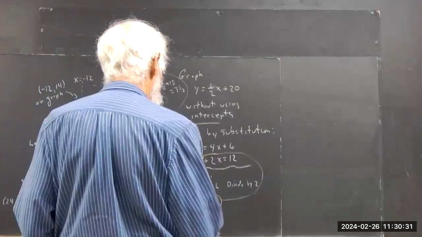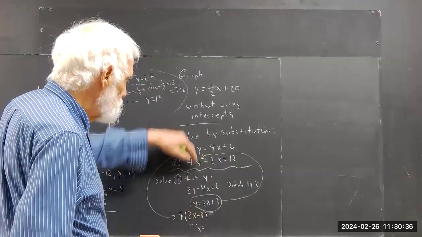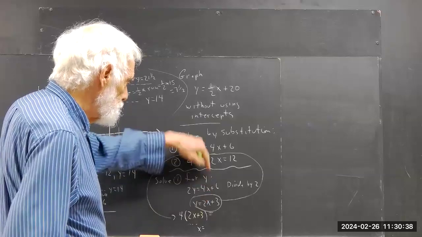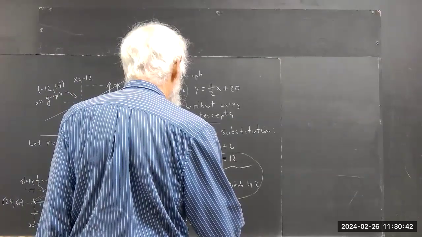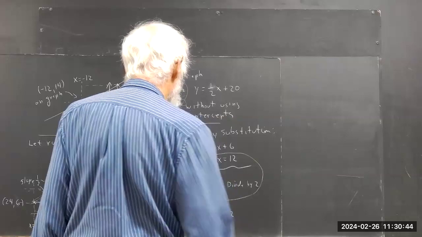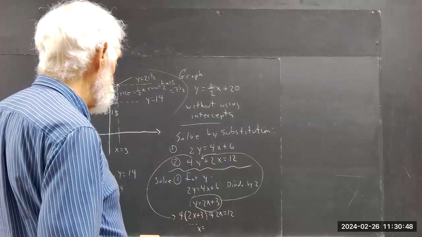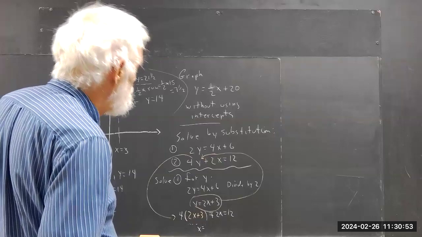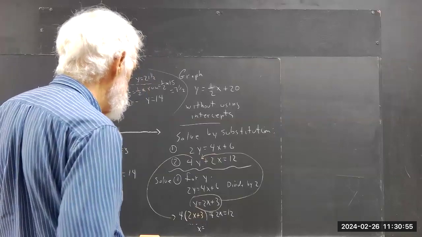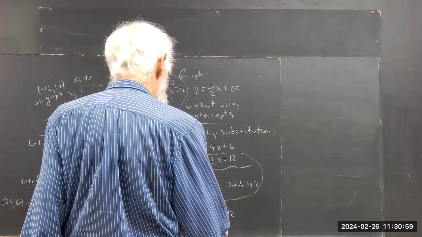We should get 4x, so 4 times y, which is 4 times this expression, and then it's plus 2x equals 12. And then we solve the equation and we get x equals 0.